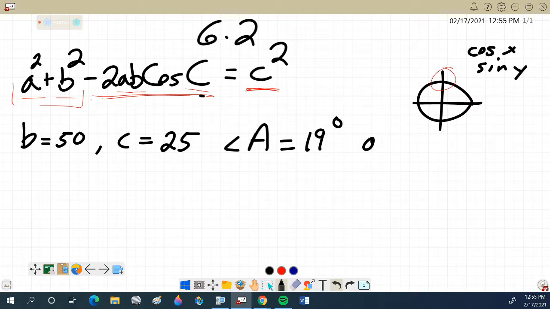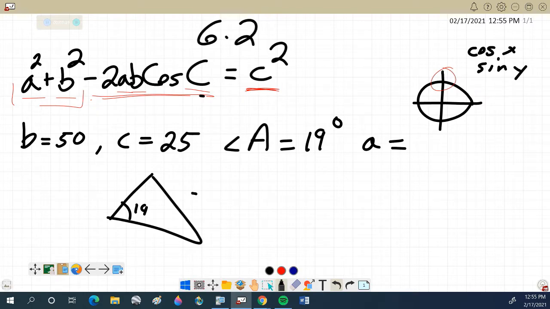How do I figure out how big side A is? So I draw the triangle. Does the shape of my triangle really matter? No. But if I put 19 here, then this side has to be A. And then this could be 50, and this could be 25. Will my formula work? No. I have the wrong angle.